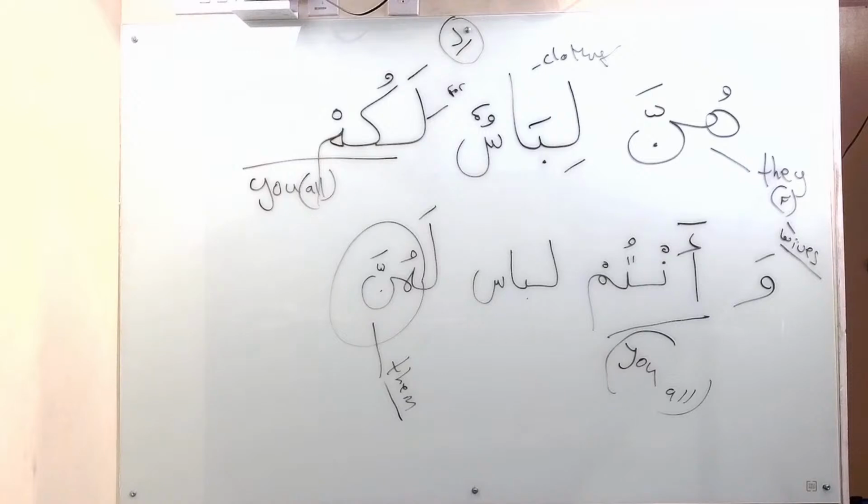Ra'aytu, I saw. Ra'aytu ka, I saw you. Now I want to say I saw you all, the students. I can say ra'aytu kum. Clear? So we're going to pause for the salah, inshallah, and resume at 5:30.